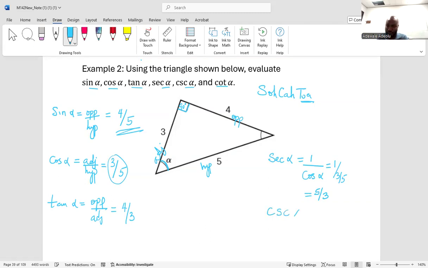Cosecant of alpha: remember that cosecant is the reciprocal of sine. In this case, that is the reciprocal of 4 over 5, and that is 5 divided by 4.